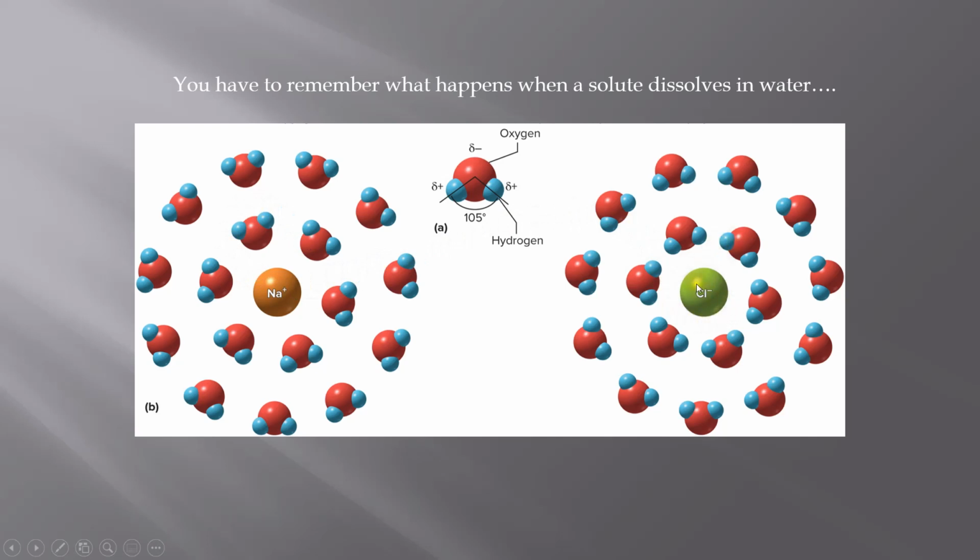The same is true over here with the chloride ion that's negatively charged, except the water molecules are oriented so that the partially positive hydrogens are oriented towards that chloride ion. And because of these spheres of hydration, that keeps those 2 ions separated and keeps them from reforming their ionic bond together.